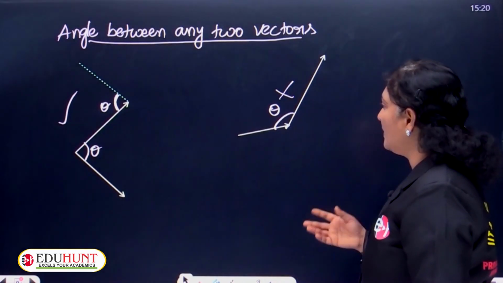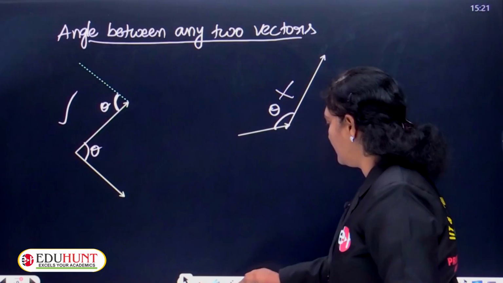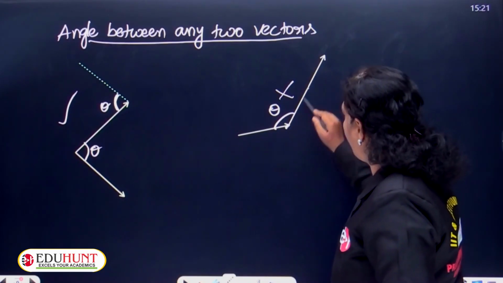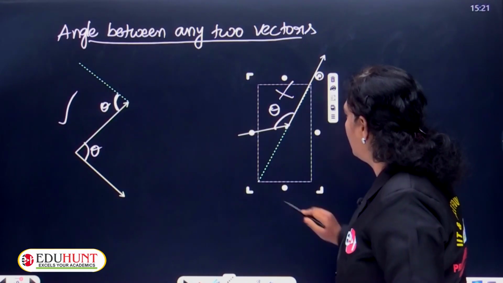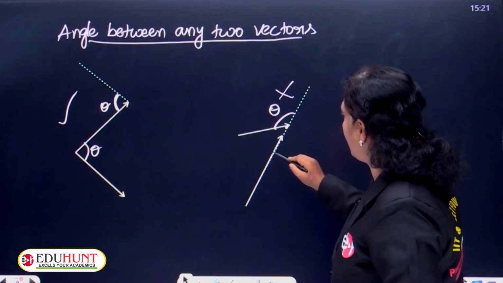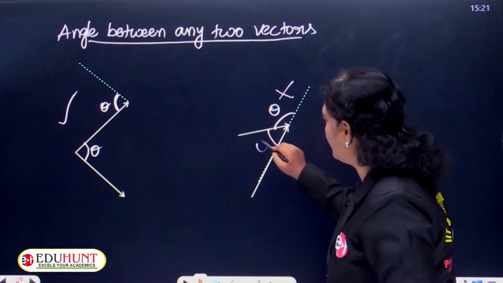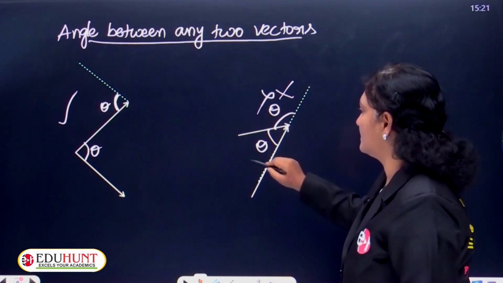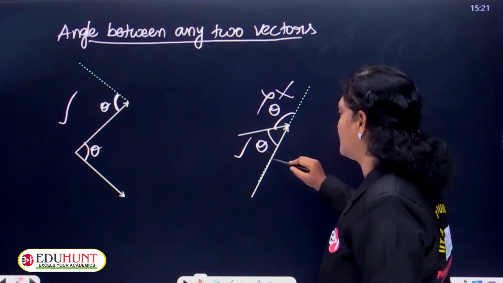Well, then what if one head and tail is joined? The exterior angle, something like this, if you extend this line, then the angle between the two vectors is nothing but the head to head. So, this can now give you the angle, but not this. This can give you the angle between the two vectors because head to head is joined.